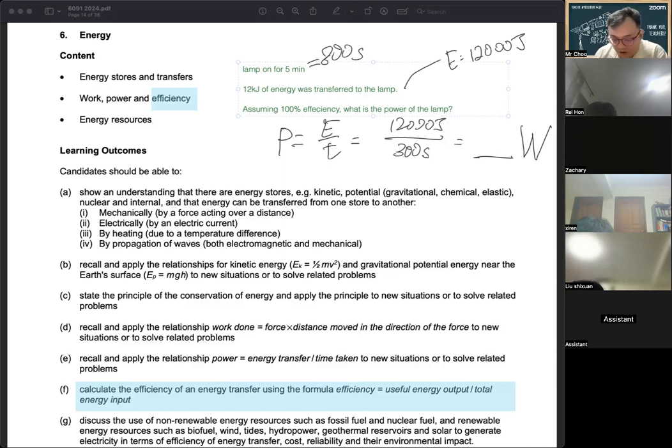Okay, Rui Hong, well done. So in this case, the answer will be 40 watts. Is that clear? I don't know why you are having some difficulty in this. It's not that hard of a question. Let me ask you another question.